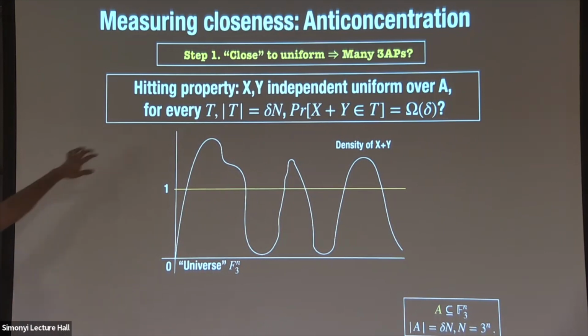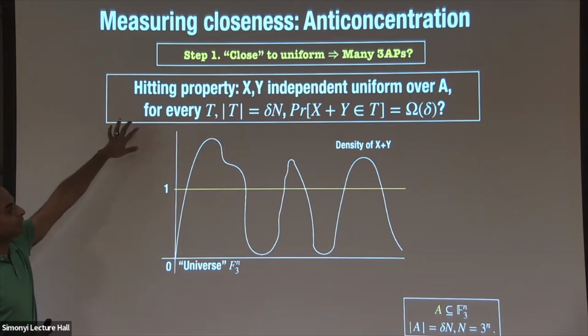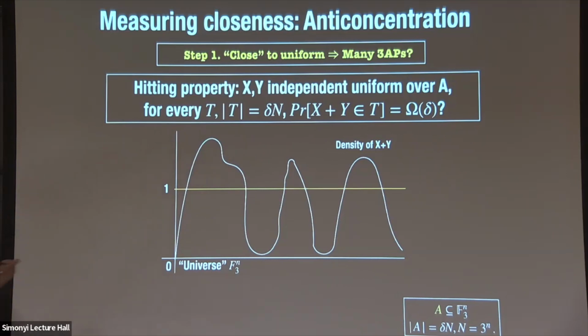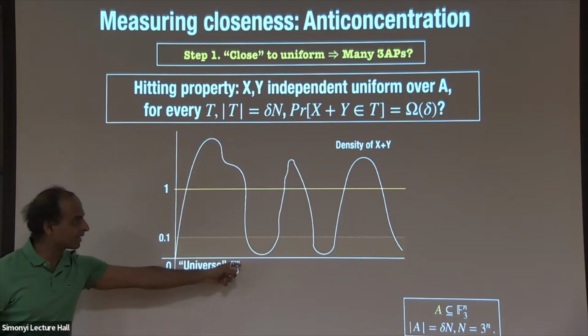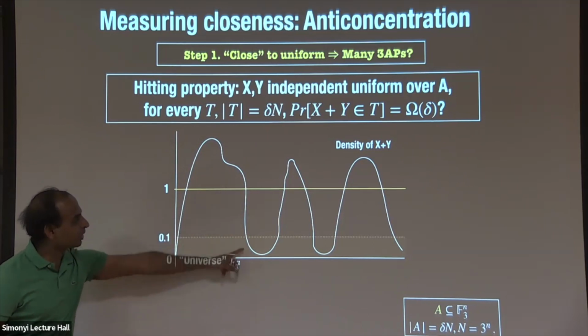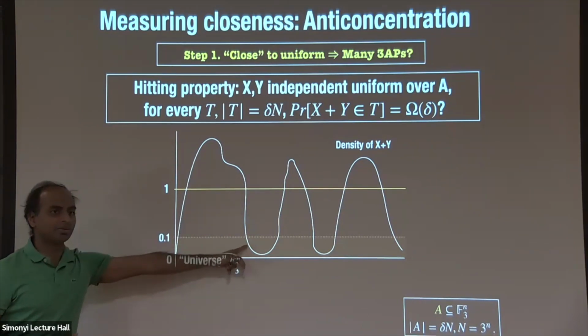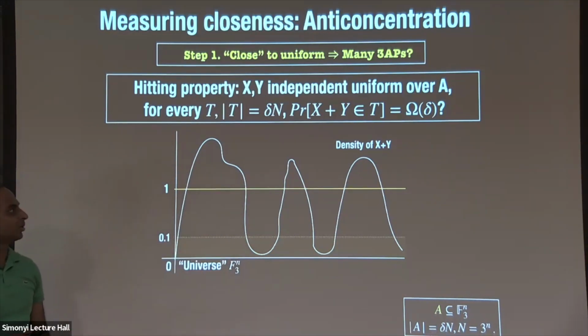If I'm looking for this property, what would be the worst set T to choose? The worst set T would be those points on the x-axis where the corresponding density is taking small values. The only requirement is that its size is at least delta n, and the probability that x plus y lands within T is small.